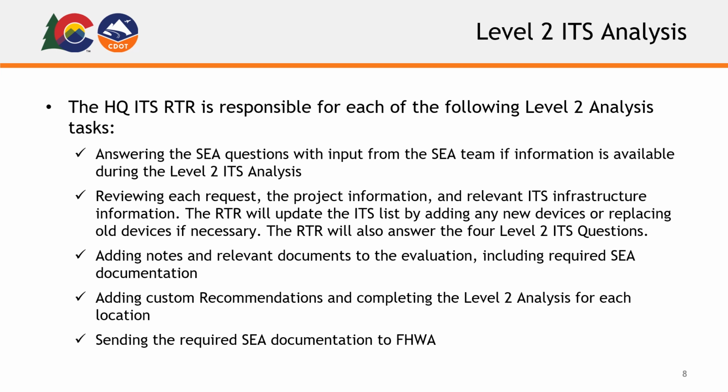The RTR will also answer the 4 Level 2 ITS questions. Adding notes and relevant documents to the evaluation, including required SEA documentation. Adding custom recommendations and completing the Level 2 analysis for each location. Sending the required SEA documentation to FHWA.